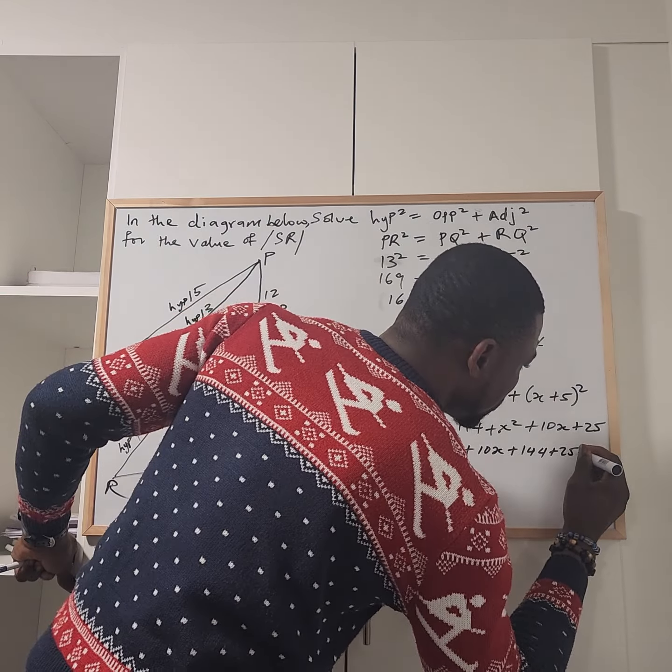So let's factorize x squared plus 10x minus 56 equals to 0. How do you factorize? Find two numbers that when you multiply them, you get minus 56, and when you add them, it will give you plus 10.